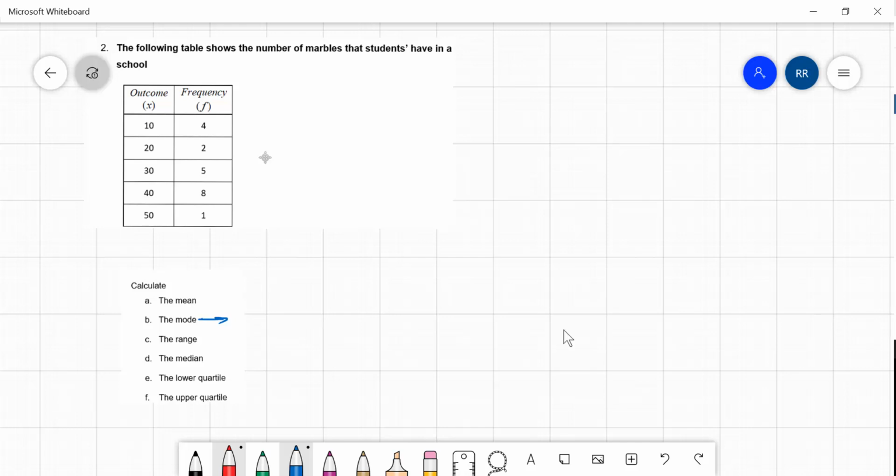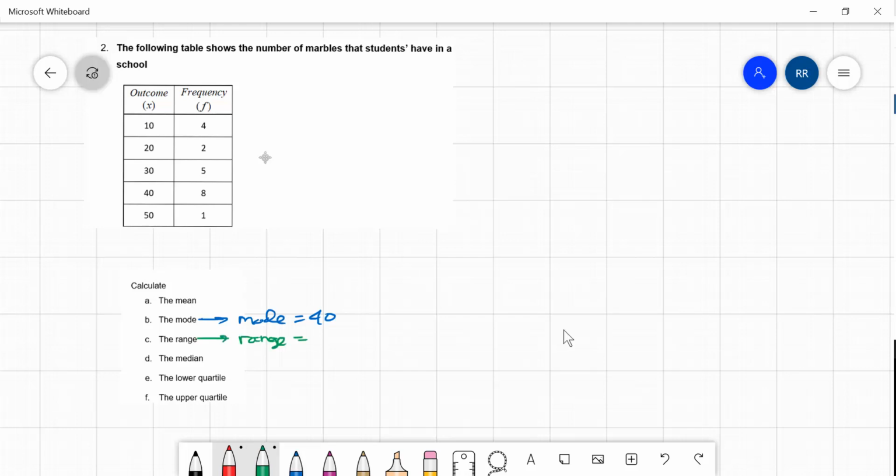As you can see, the highest frequency is 8, right? So which means that there are 8 students who have 40 marbles. So which means that the mode is going to be 40. Okay, be very careful. The 8 is not the mode. The mode is 40 because the 8 represents how many times that 40 comes up in the data. Okay, the next one is the range. Here we go.